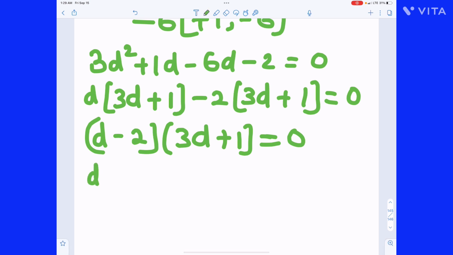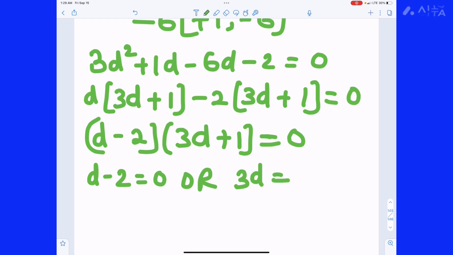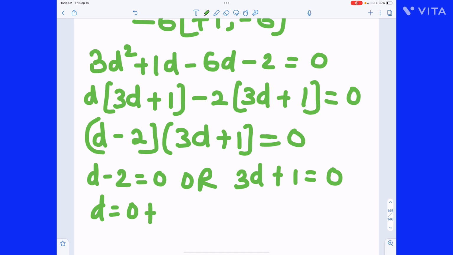Now d minus 2 is 0, or 3d plus 1 is 0. This gives d is 0 plus 2, or 3d is 0 minus 1.